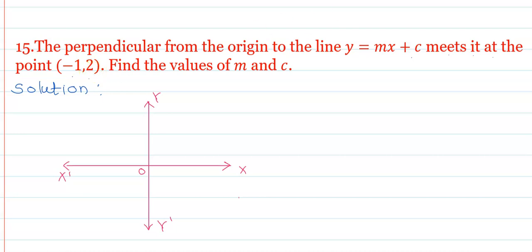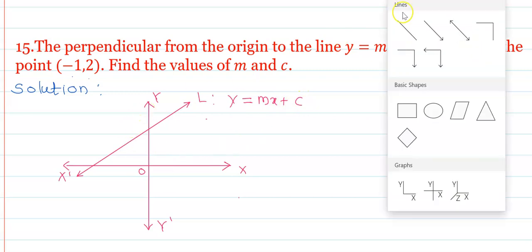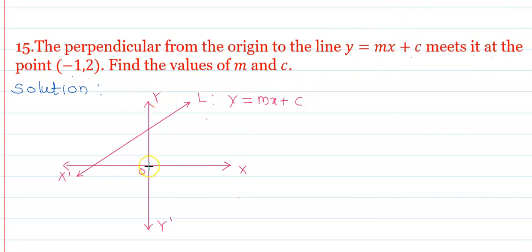Okay. Now the second line will be like this. This is the line L whose equation is y equals mx plus c. If we draw the perpendicular from the origin to this line, it will meet here, at this point.